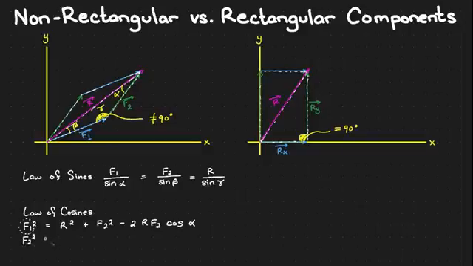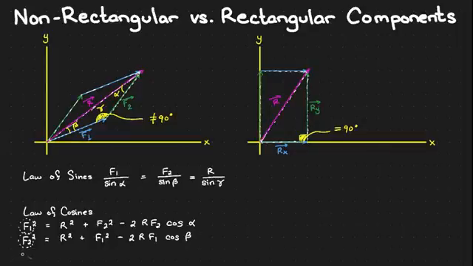Well, F2 squared is equal to, I am placing F2 on the left side of the equation, therefore the other two sides, which are the resultant and F1, should be placed on the right side. So therefore this is R squared plus F1 squared minus 2 times R times F1 times cosine of the angle that is opposite of F2. The angle that is opposite of F2 is beta.